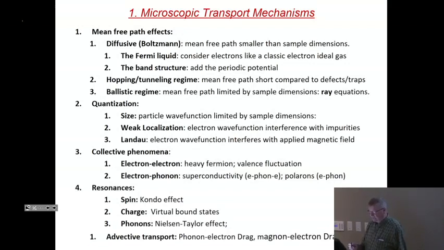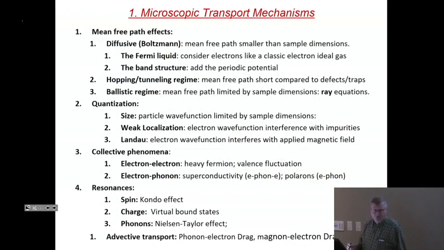Another set of phenomena that go beyond the diffusive transport are collective phenomena. Typically, electron interactions become stronger, for example, than electron interactions with the potential wells of the atoms. That becomes the case for heavy fermion systems and systems with valence fluctuations. Typically, this happens in solids that contain rare earth elements.